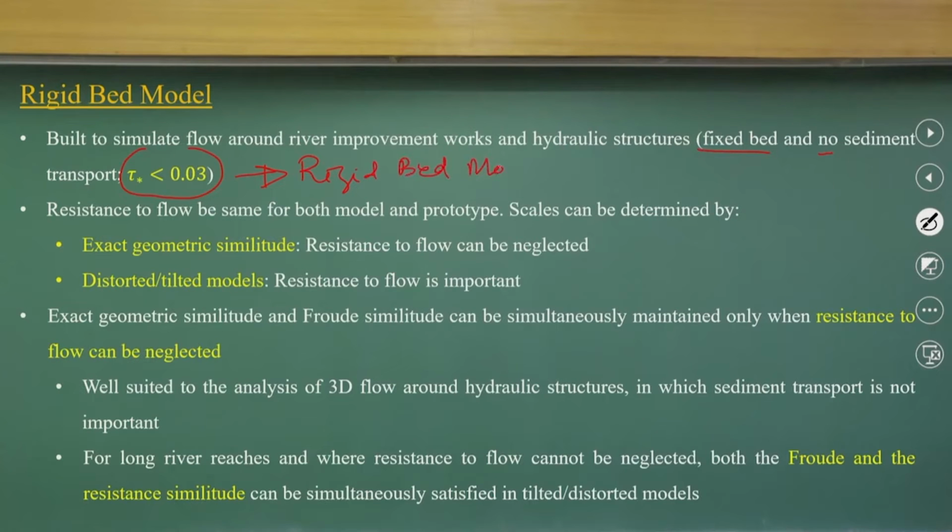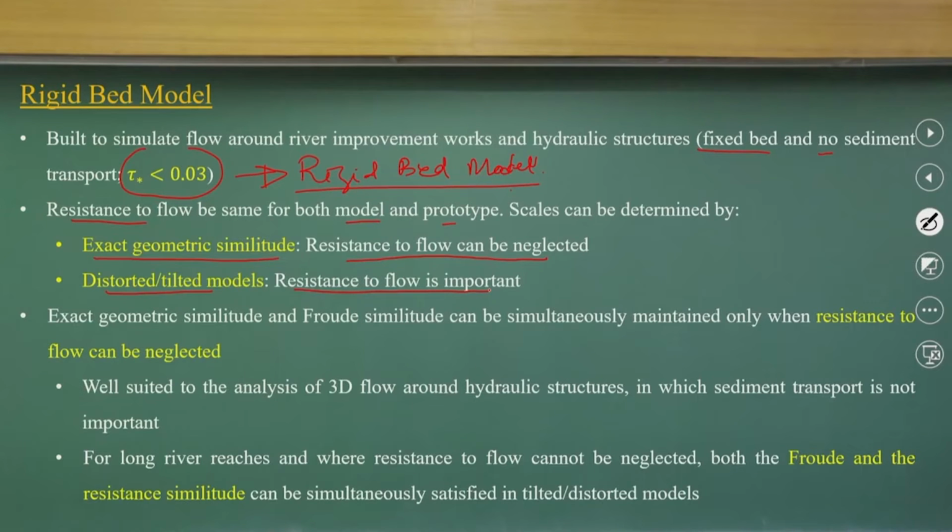Basically, resistance to flow should be the same for the model as well as the prototype. So, it needs exact geometric similitude, which means resistance to flow can be neglected, or you can have distorted and tilted models where resistance to flow is important. That is what you have to consider.